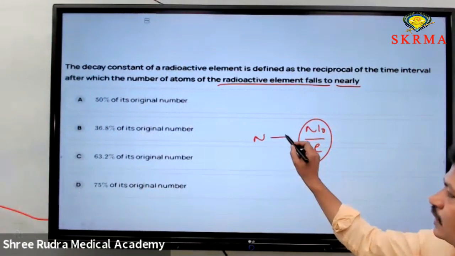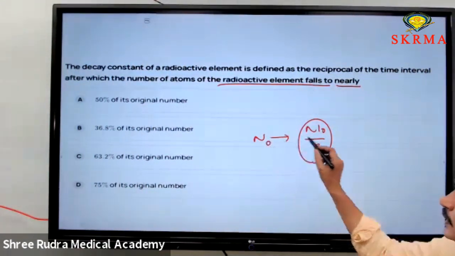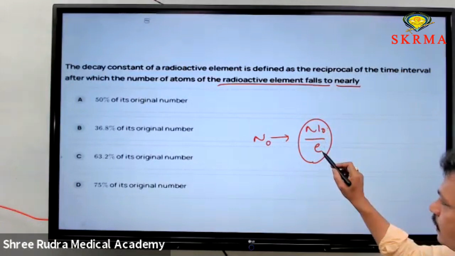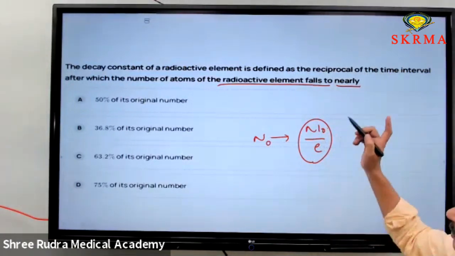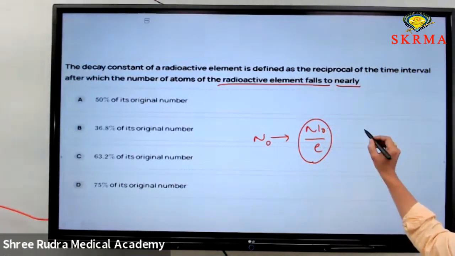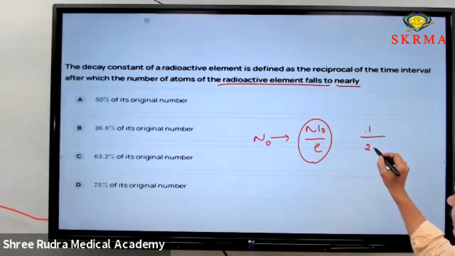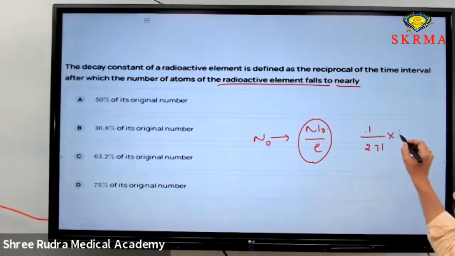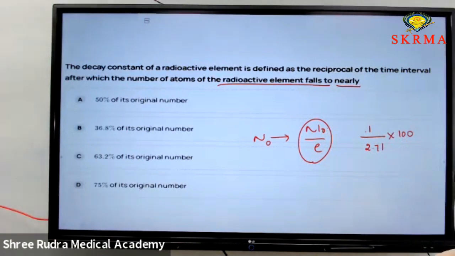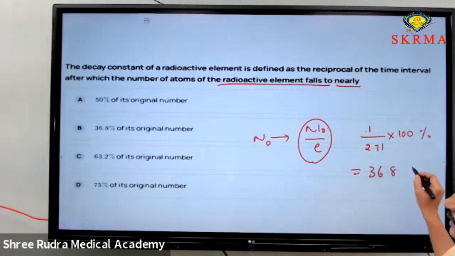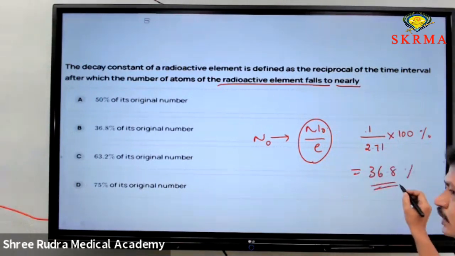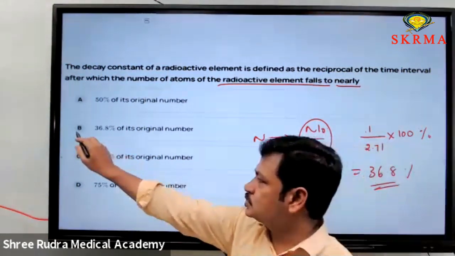The time at which N becomes N0 by e, the initial number of nuclei decayed up to 1 by e times. What is the meaning of that sentence? Here the e value is 2.71, so 1 by e times is 1 by 2.71. In percentages, you can calculate this as into 100%. 100 by 2.71 is approximately 36.8% of the original number of nuclei. This way the correct option is B.